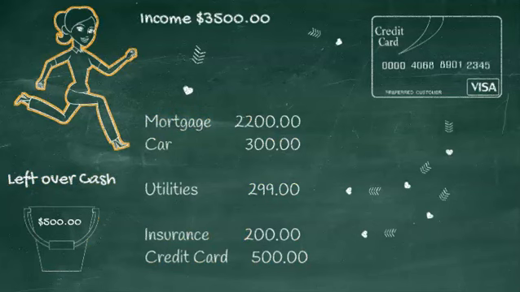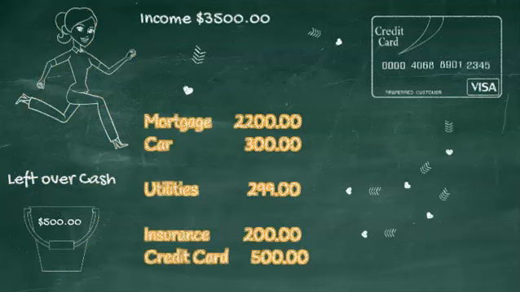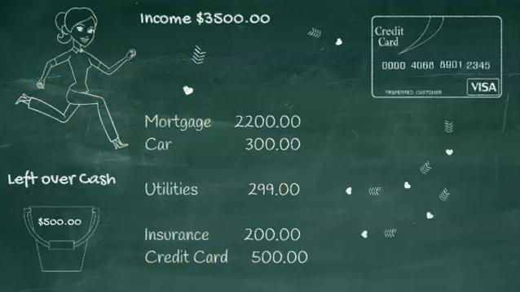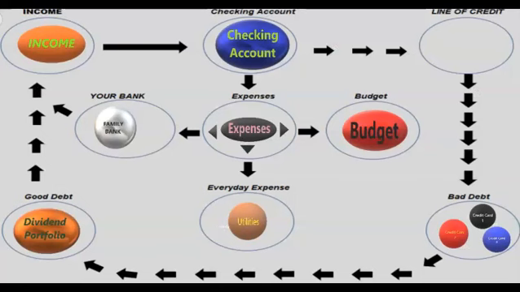So the purpose of this video is using multiple credit cards. If we go back to our flow chart, the income goes into the checking account, into the line of credit, to the bad debt, to build. Once the debt's paid off, you'll use that to buy an asset which produces income, and it just goes through the circle.